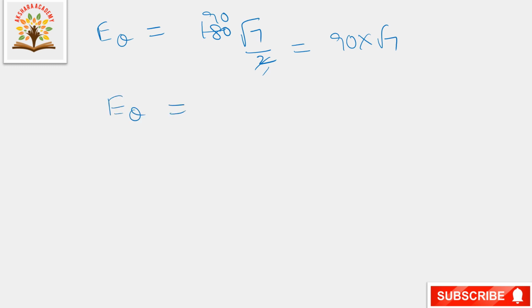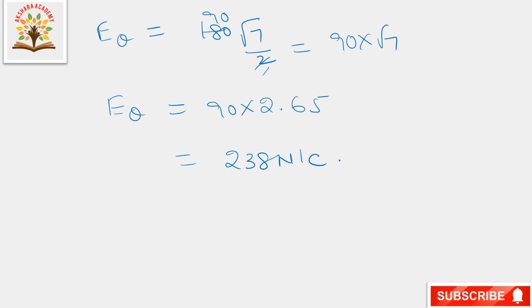Next, E theta is equal to 180 into root 7 by 2, that is 90 into root 7. So finally, E theta is equal to 90 into root 7, root 7 is 2.65, so that is equal to 238 Newton per coulomb. Okay.